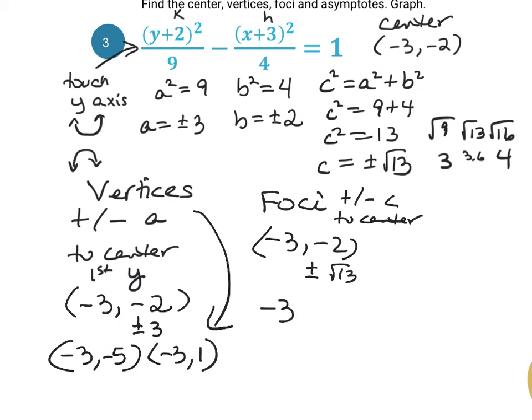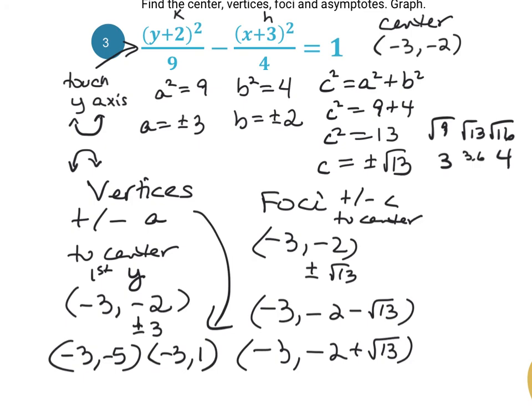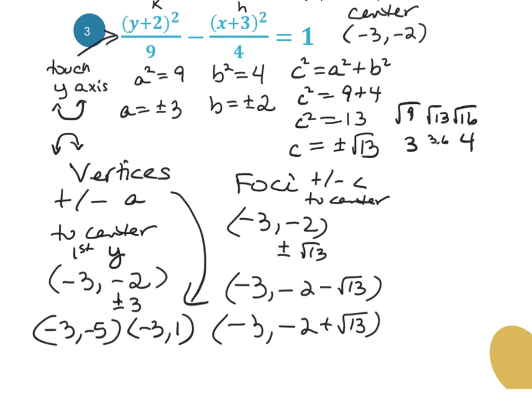So -3, -2 minus root 13, and -3, -2 plus square root of 13. So again, if I've approximated the square root of 13 to be around 3.6, 3.5, when I go to graph this one, I'm going to put it at -3, -5.6, and -3, 1.6.